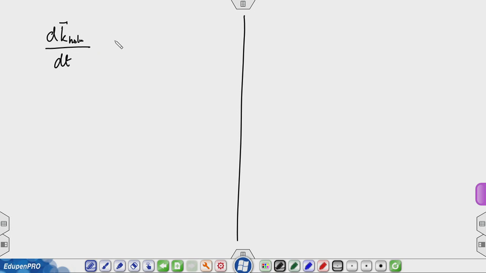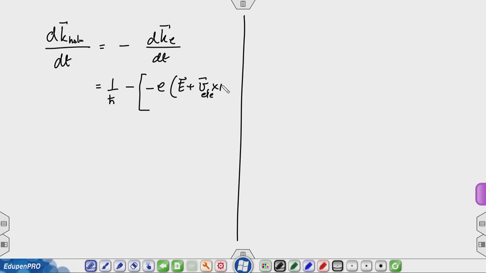D k hole d t is equal to minus d k electron d t, and d k electron d t is nothing but 1 over h cross minus E plus V electron cross B. V electron is same as V hole. So, I can write this as 1 over h cross E plus V hole cross B.